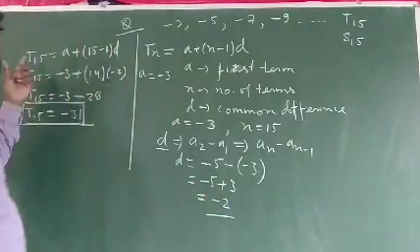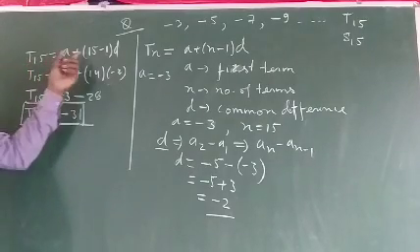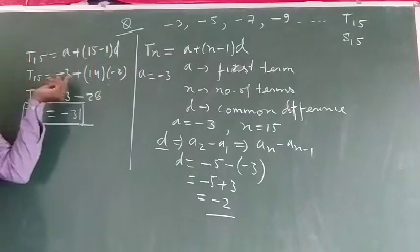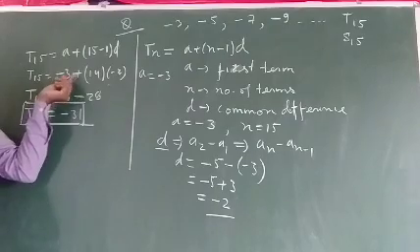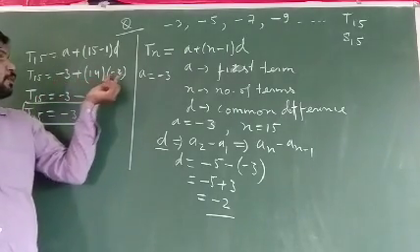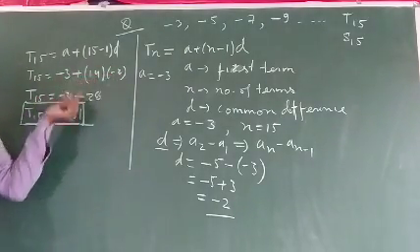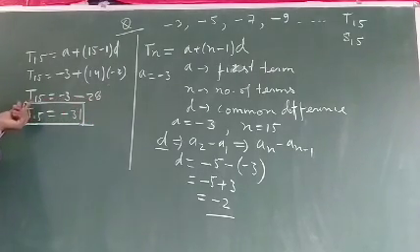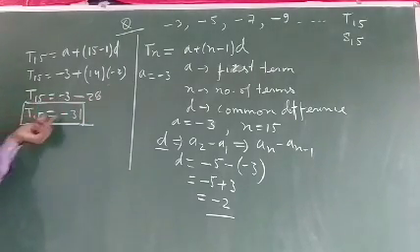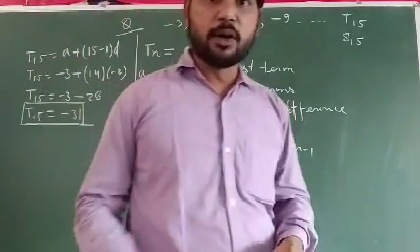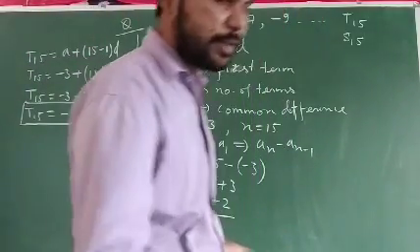So using the formula T15 equals a plus 15 minus 1 into d, we have T15 equals -3 in place of a, plus 14 into -2 in place of d. We get -2 into 14 equals -28, and -28 and -3, so T15 equals -30. Similarly, we can find the value of S15 also.